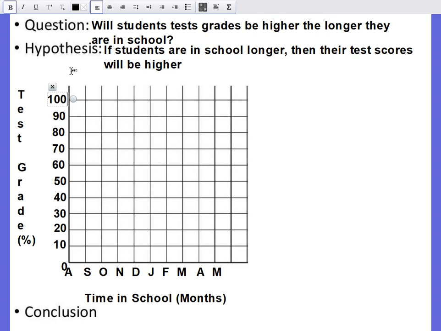Okay, and I'm still missing my title. I need my dependent versus independent, so I'm going to say test grade versus time in school.